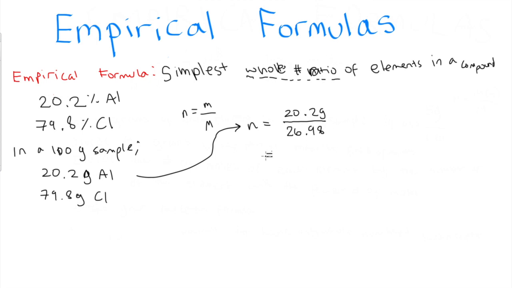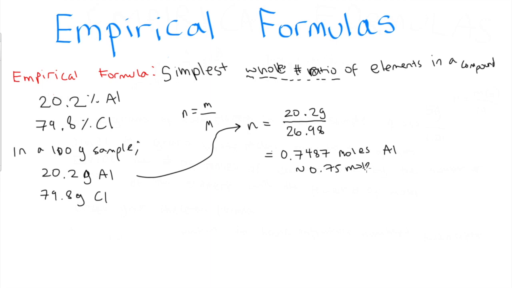When you plug this into the calculator, you get 0.7487 moles. So we have 0.75 moles of aluminum.